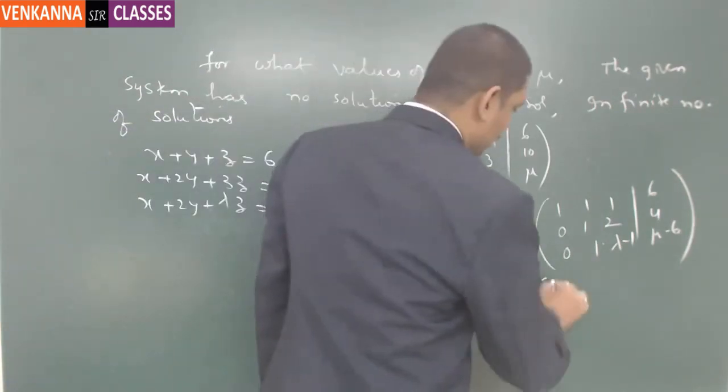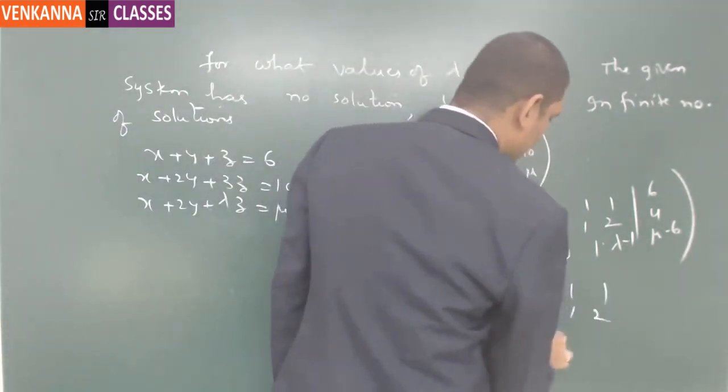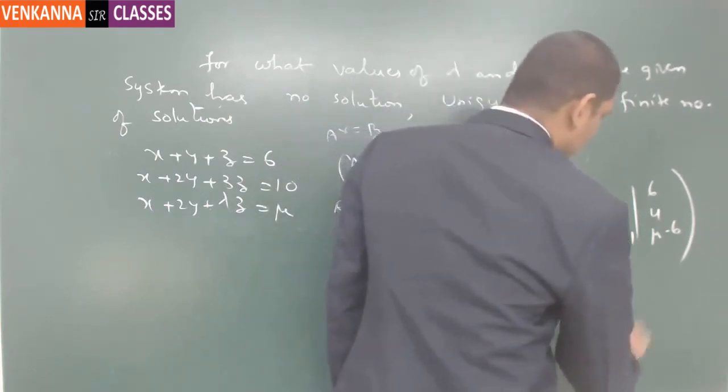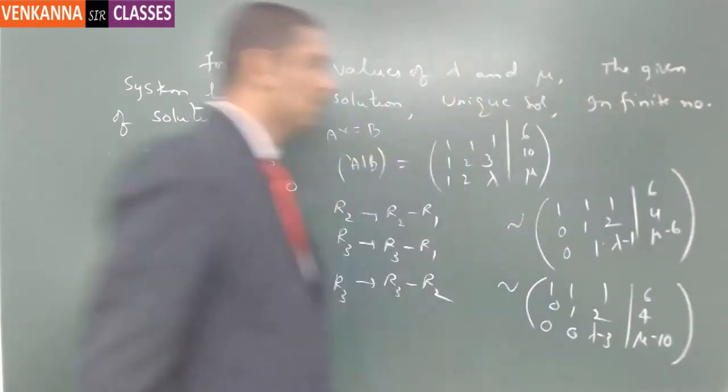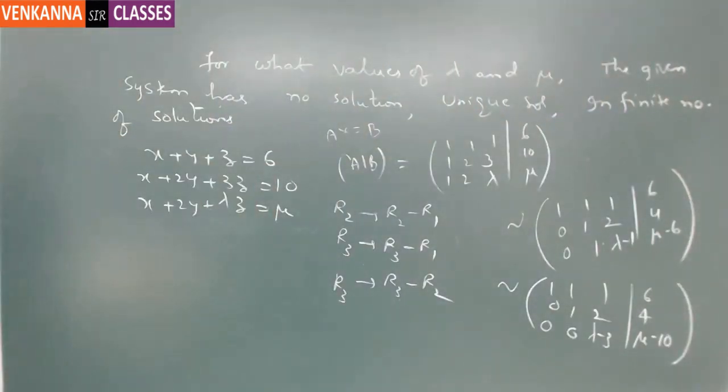This will be equal to [1 1 1 | 6; 0 1 2 | 4; 0 0 lambda minus 3 | mu minus 10]. Please check for it. Do you accept the values?